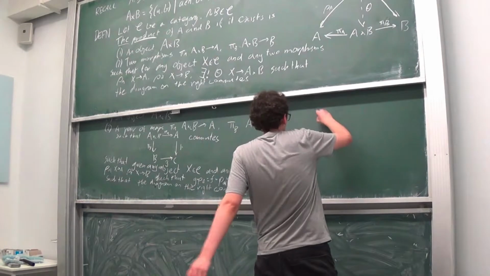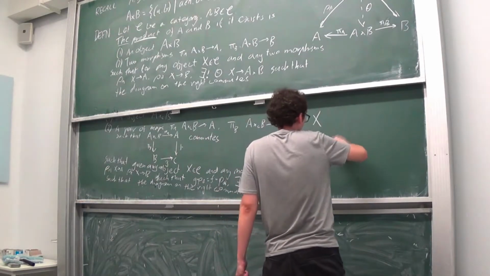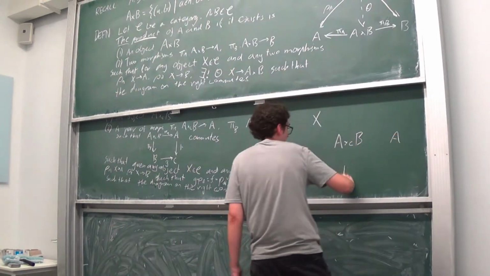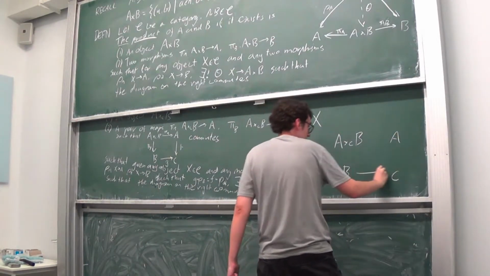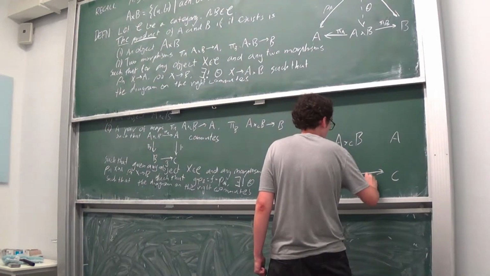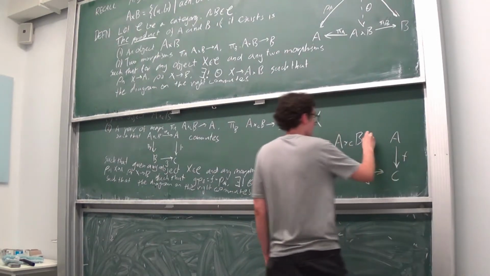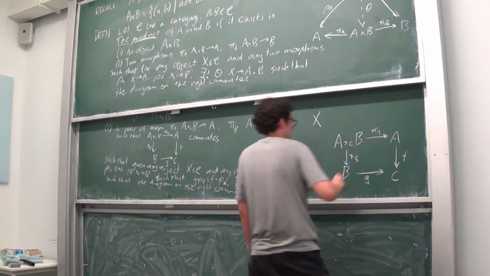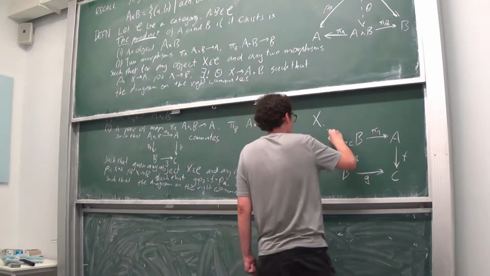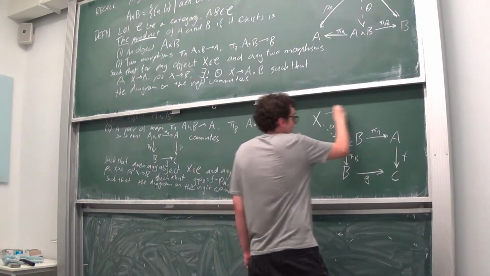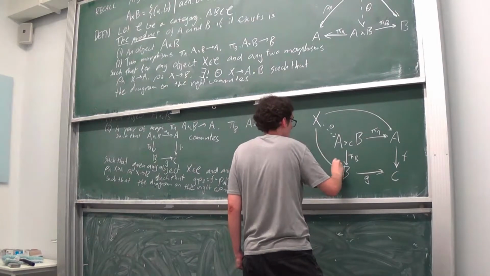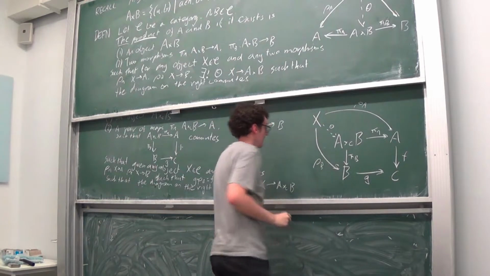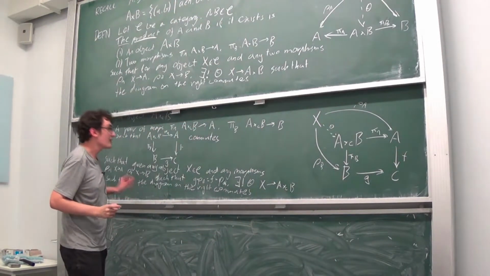So this diagram is, we've got X there, we have the pullback here, we have A there, we have B there, we have C there. That's G. That maps F. This is pi A. This is pi B. This map here is theta. And X also has maps rho A and rho B. Cool, that's the definition of a pullback.